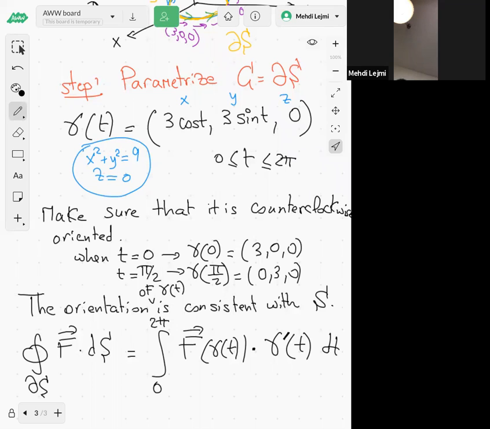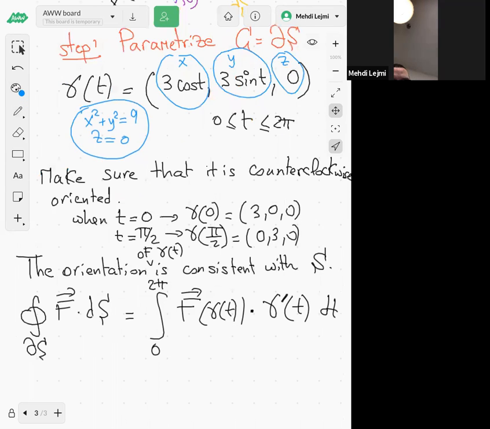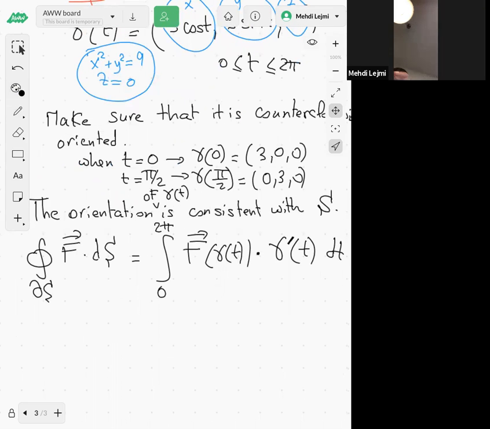So my x is 3 cosine of t, my y is 3 sine of t, and z is 0. My vector field F was, I think, 2z minus y, x plus z, 3x minus 2y. Okay, that was my F.